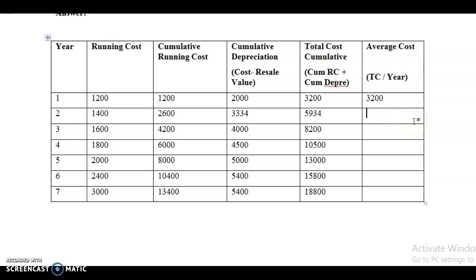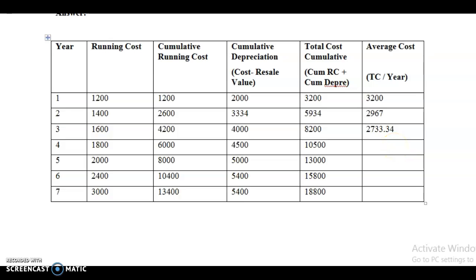The second year, we divide 5,934 by 2, then get the amount 2,967. For the third year, divide 8,200 by 3, then get the amount 2,733.34. Next, fourth year, the total cost is divided by 4.